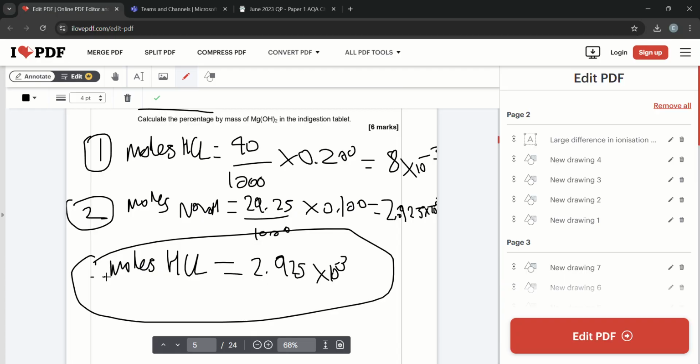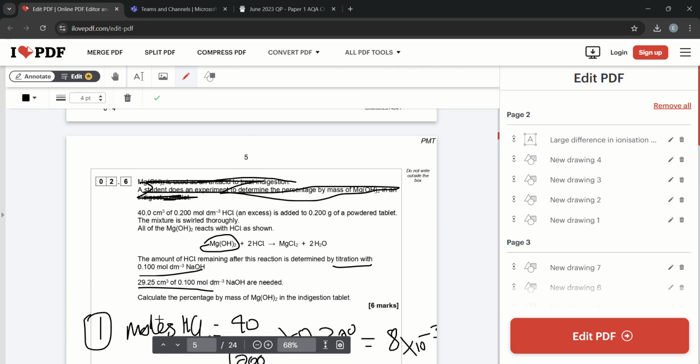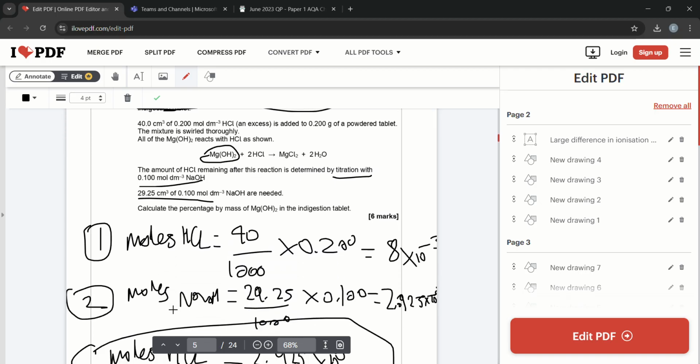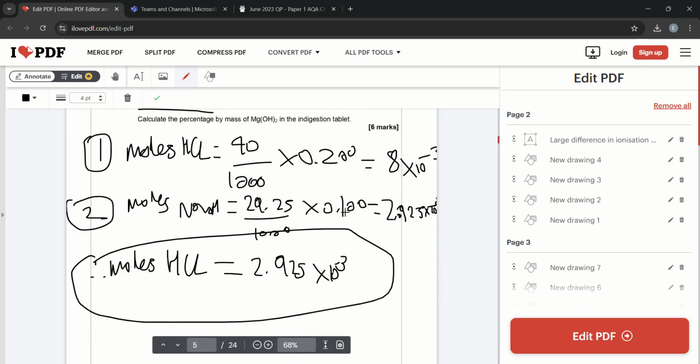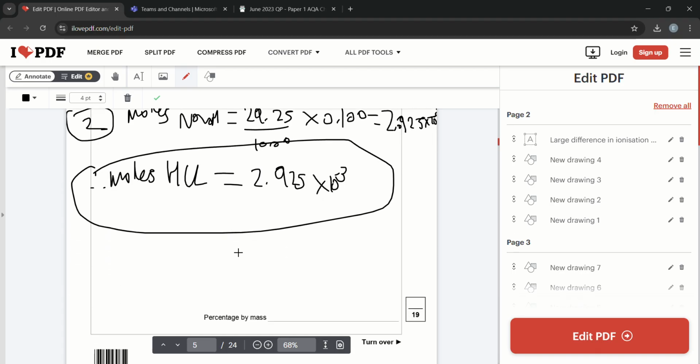Now we can find out the moles of magnesium hydroxide, because all we have to do now is take the initial moles of HCl minus the remaining.